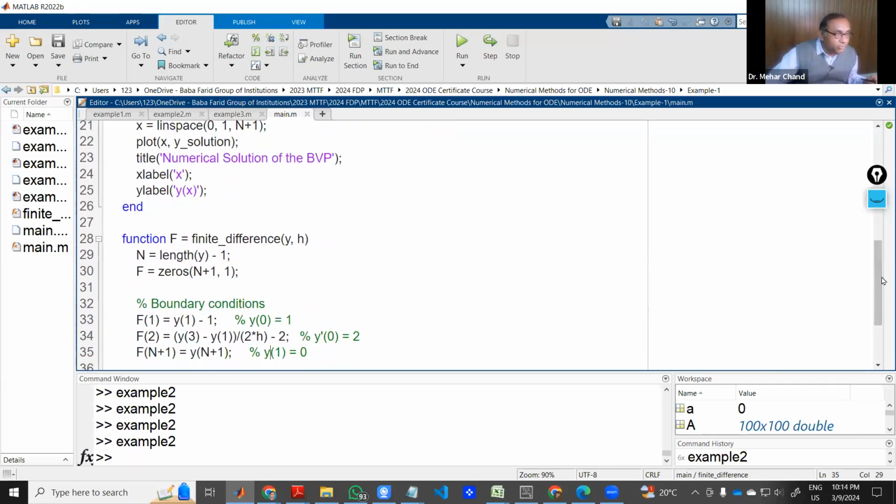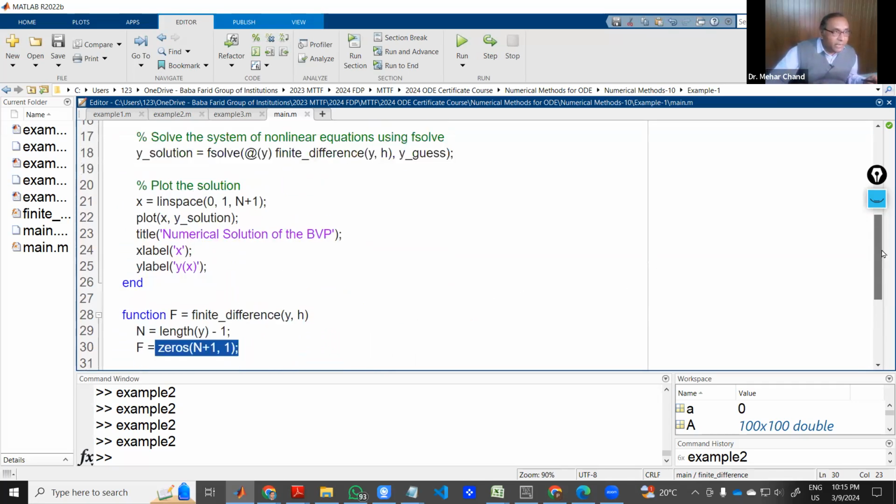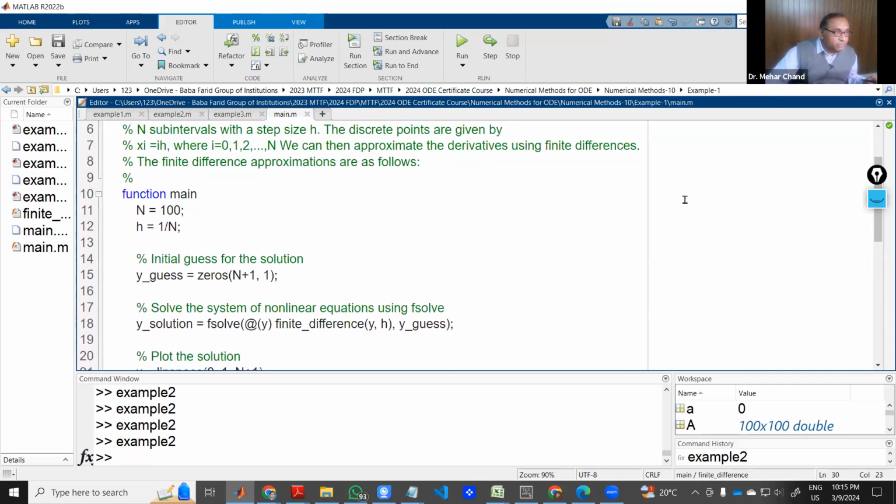So what you will do, we write here the function which is finite difference. There will be two arguments, one will be y and the other will be h. Following the same, n will be equal to length of y minus 1, and f will be zeros of n plus 1 by 1. Now we need to compute.